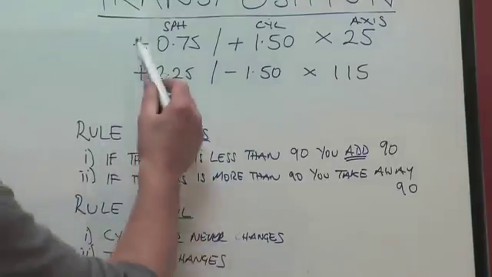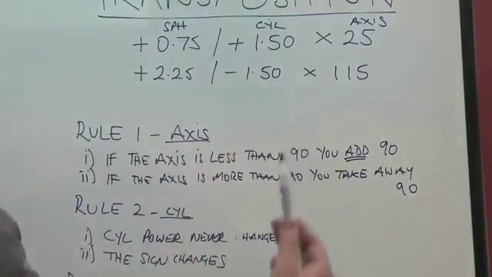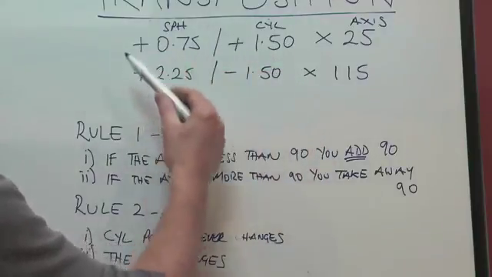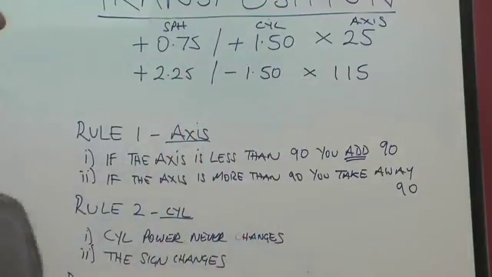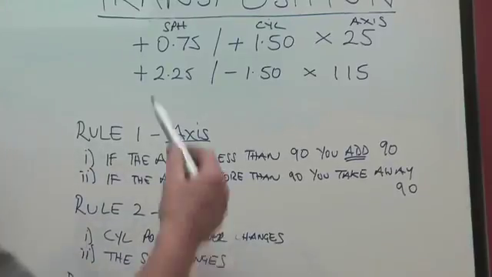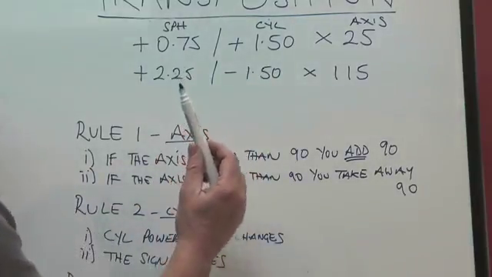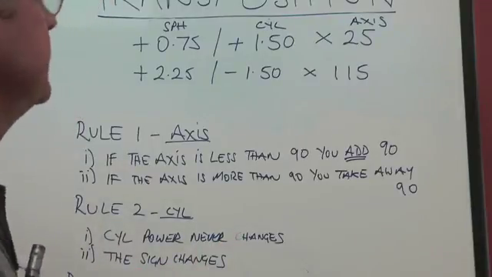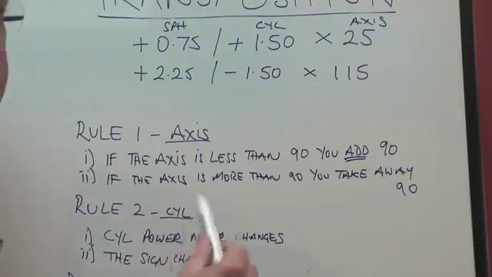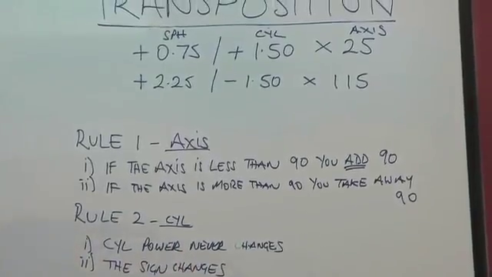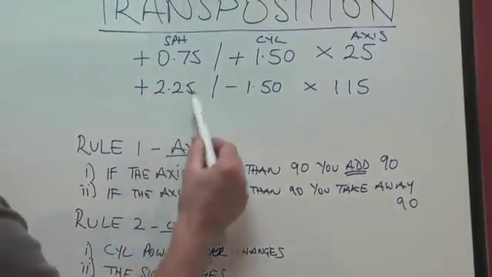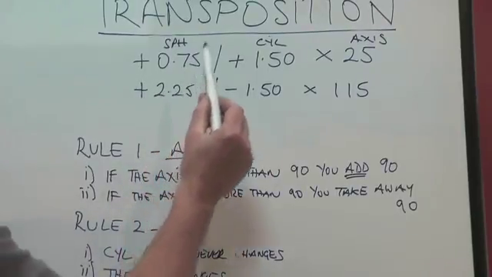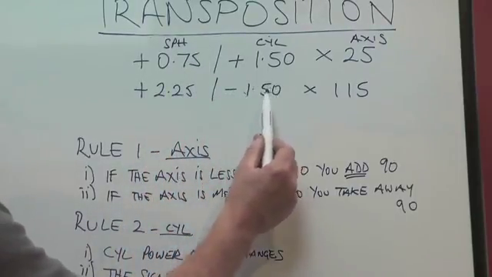If those were both minus, you would still end up adding those two numbers together, and you would end up with minus 2.25. But in the case where the signs are different, you have to take the smaller number from the bigger number and then use the sign of the bigger number. So let's look at this example down below. We've got a plus 2.25 and we have a minus 1.50.